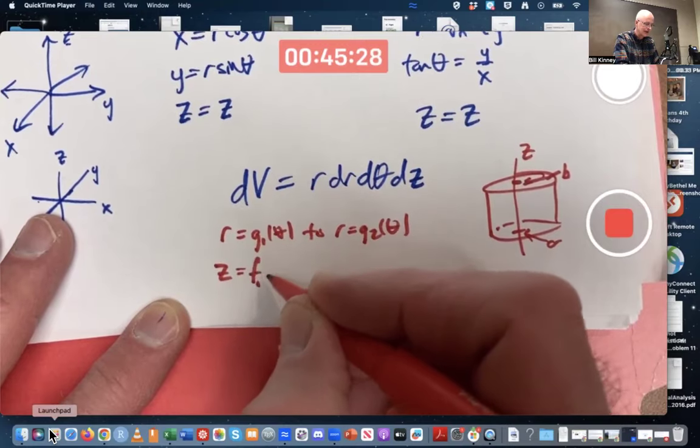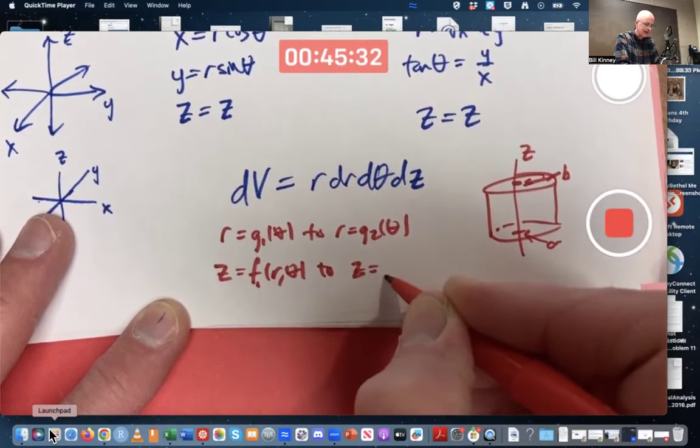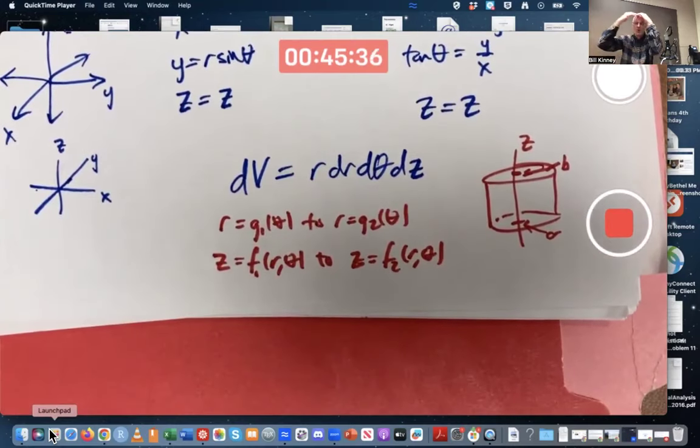Those kinds of situations: z equals f1 of r, theta to z equals f2 of r, theta. The z coordinate in such a situation would depend on both r and theta. And trying to imagine such a region is difficult. Trying to draw it is probably even worse.